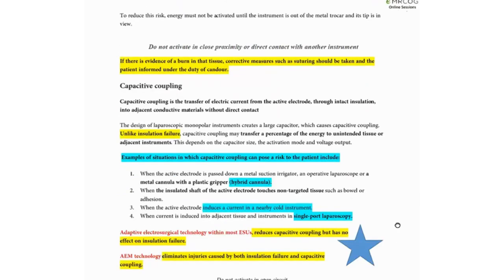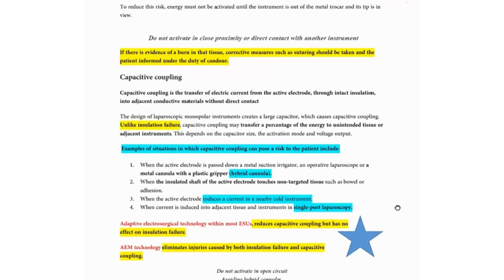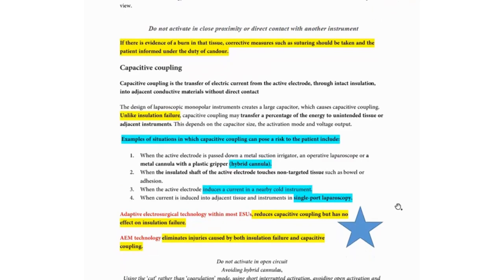Okay, capacitive coupling, as we said, it is about the energy that is collected up between the two materials of the port. This is why hybrid cannulas are not advocated. Hybrid cannulas means that you have a metal cannula with a plastic gripper.